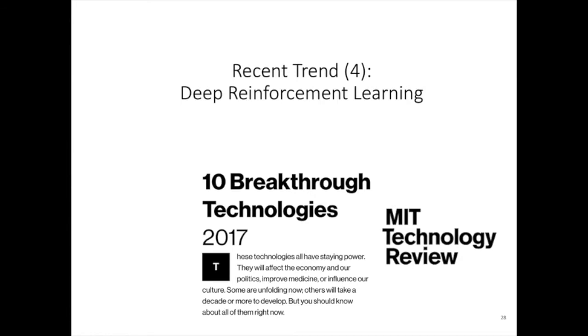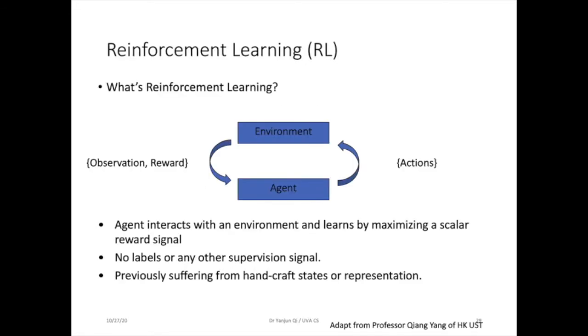The next interesting task is a reinforcement learning task. Deep learning recently gave really new life to reinforcement learning, and it was ranked by MIT Technology Review as one of the 10 breakthrough technologies in 2017. So what is reinforcement learning?